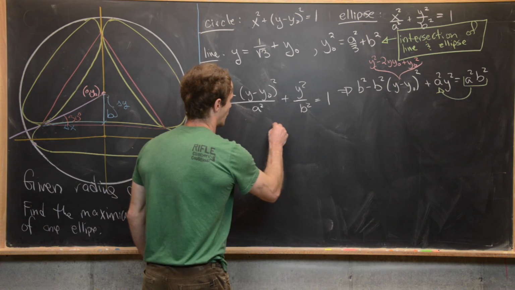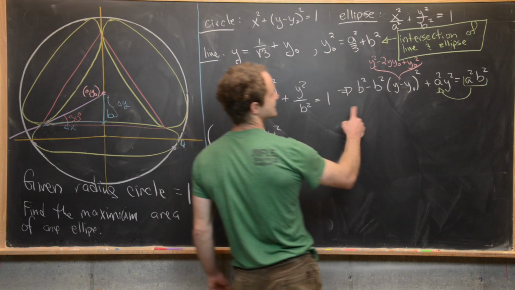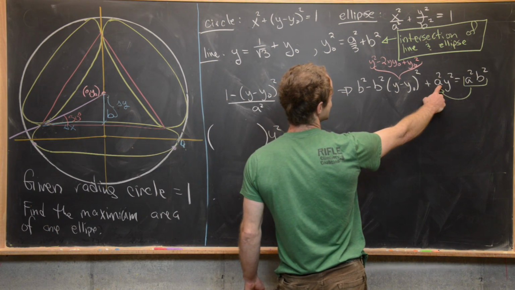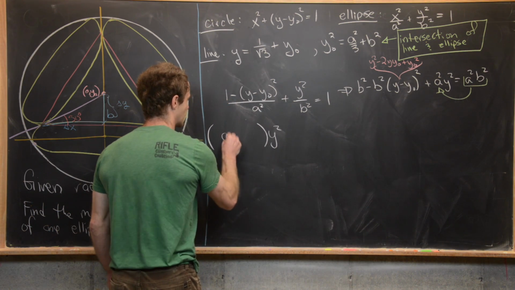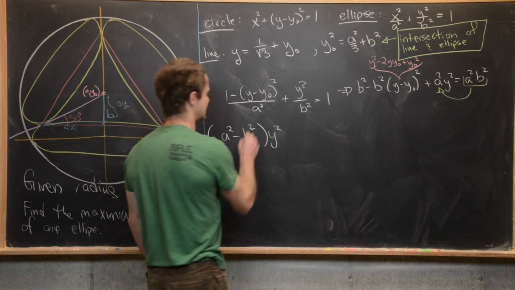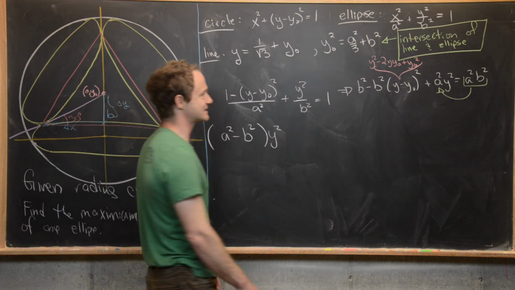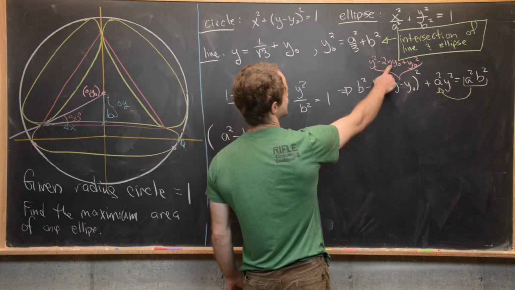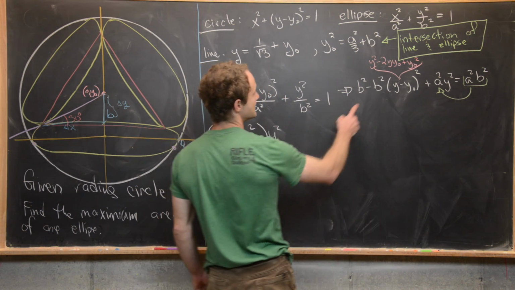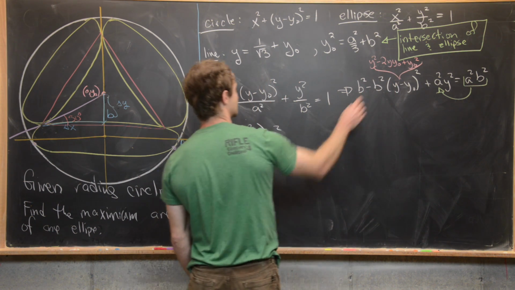So let's see what our y squared term is. So we've got a y squared attached to this, which is a squared. Then we've got a y squared attached to this, which is minus b squared. So we have a squared minus b squared. That's going to be a coefficient of y squared. Now let's look at what our linear term is. So that's the coefficient of y. So that's going to be minus 2y naught times minus b squared.